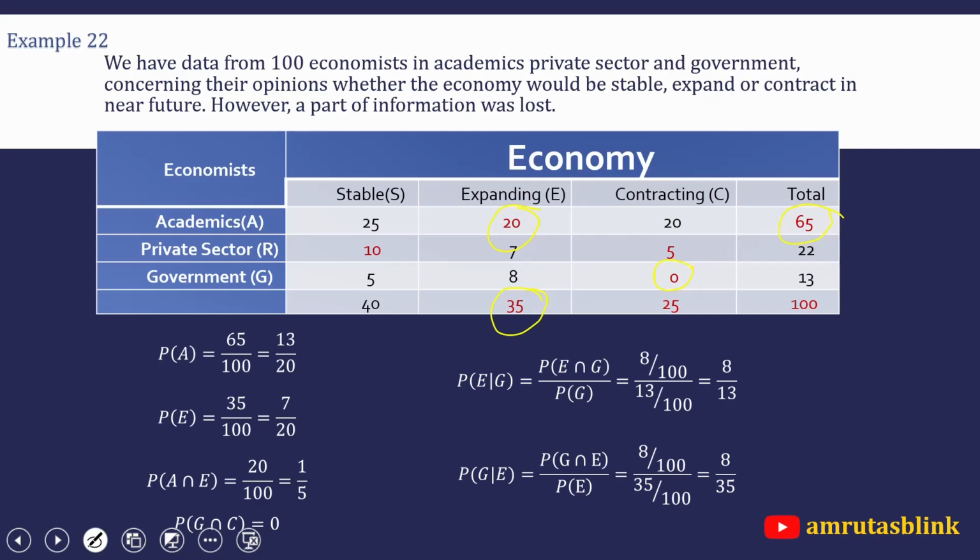And probability of G upon E is probability of G intersection E, which is 8 again, and probability of E is 35, so it is 8 upon 35. So this is also about only completion of your table, completion of the correct entries, and you just need to find out the relevant entry from the table.